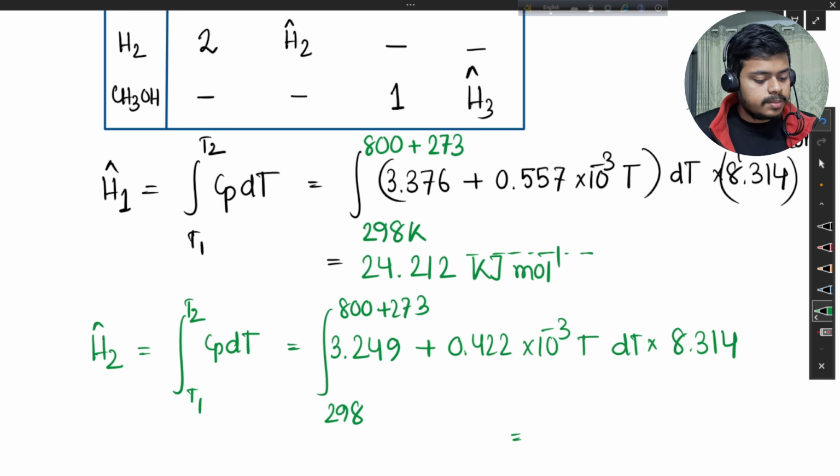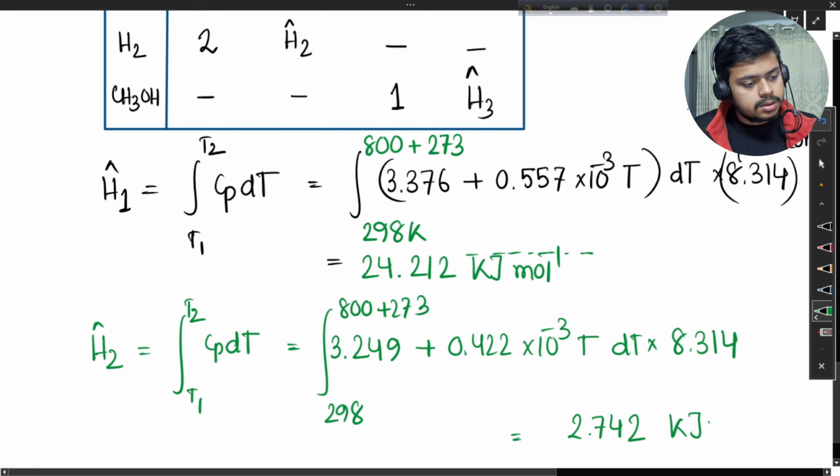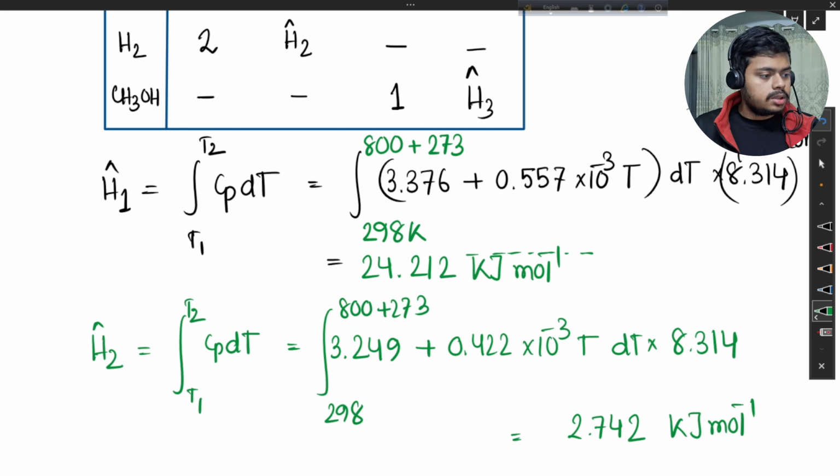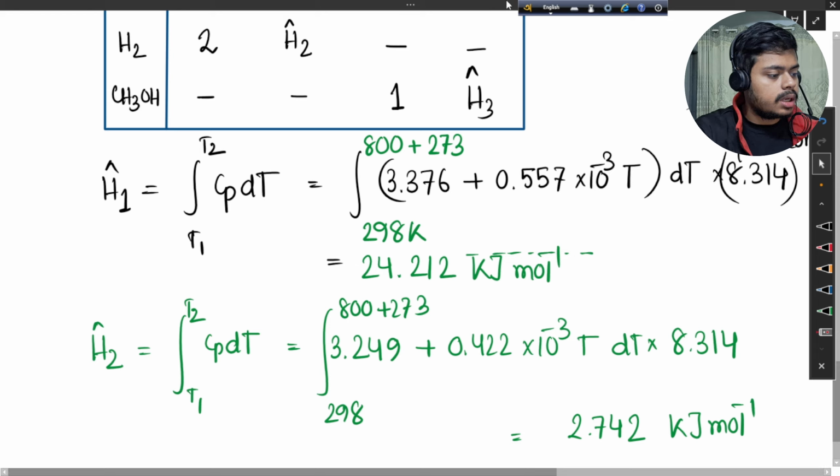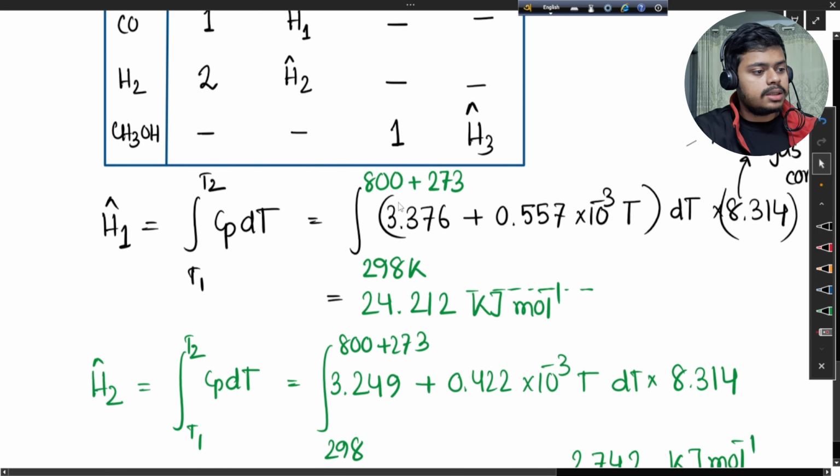So this value is 2.742 kilojoules per mole. Okay, so this is for H2, and now we're going to calculate H3.